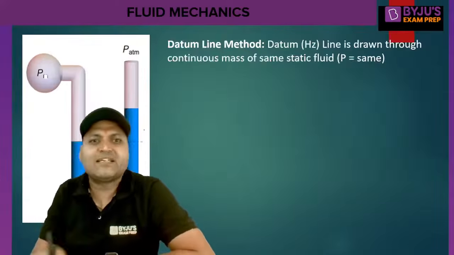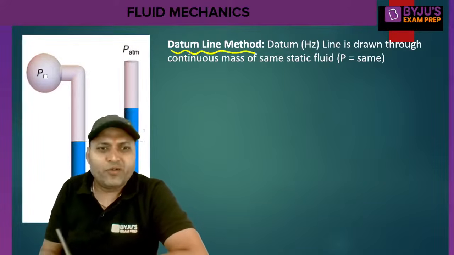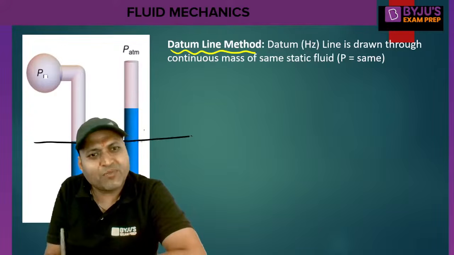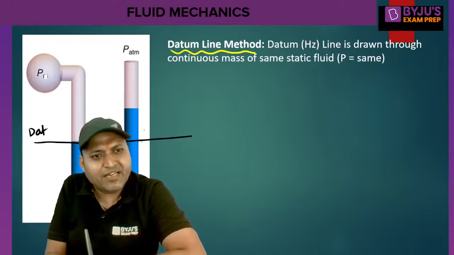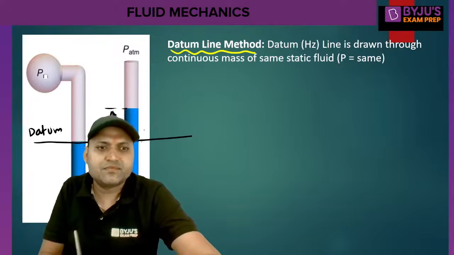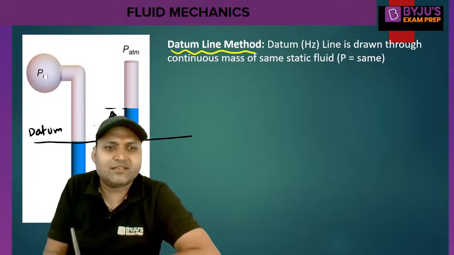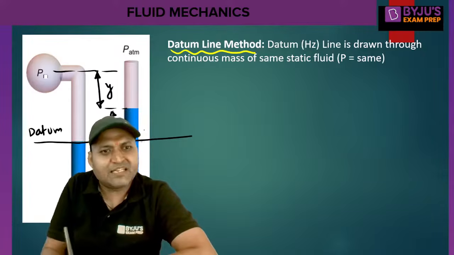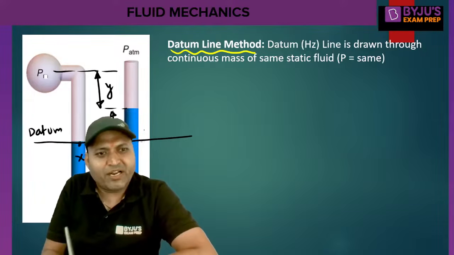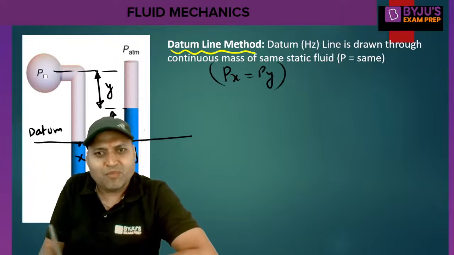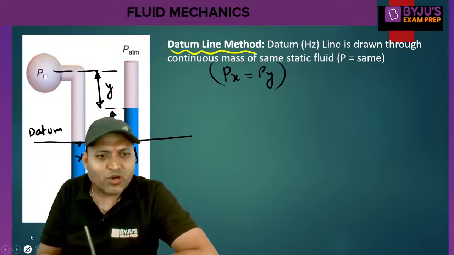Another method is called the datum line method. We draw a horizontal line in such a way that the points lying on the horizontal line must have the same pressure. This can be taken as the datum line. The manometric fluid deflection is x. The height of the pipe, let us say, is y. So this is point x, this is point y. Px is equal to Py according to Pascal law. So how to write Px?